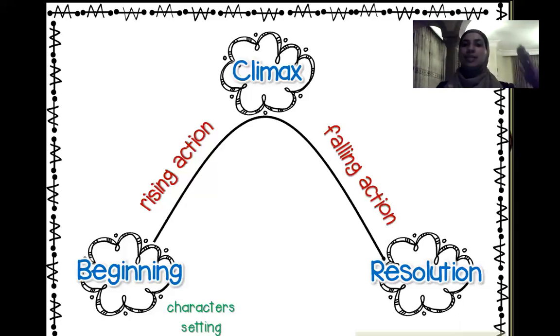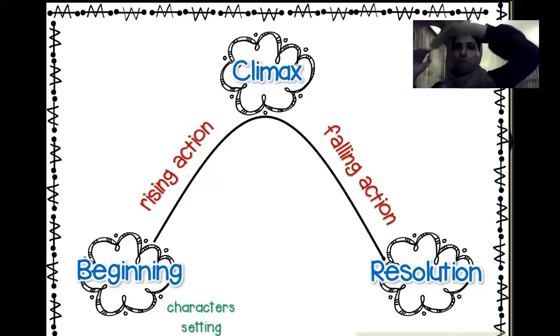After all the actions are done, you should have a resolution, and the resolution is the ending of the story. So you have a beginning, rising actions, climax, falling actions, and the resolution.